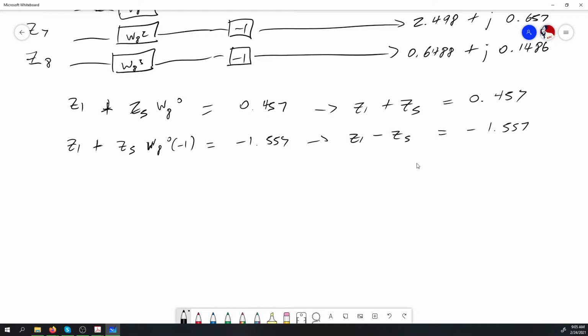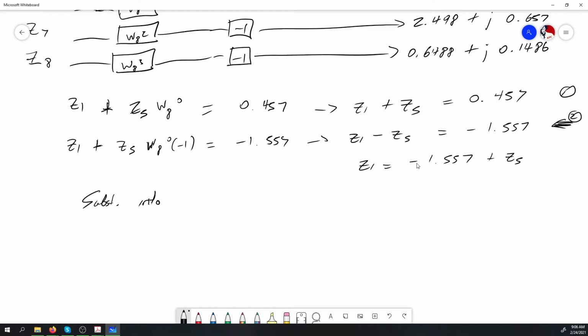And then for this equation here, I can say Z1 is equal to minus 1.557 plus Z5, and I can substitute this in accordingly. So let's call our first equation 1, and this 2.